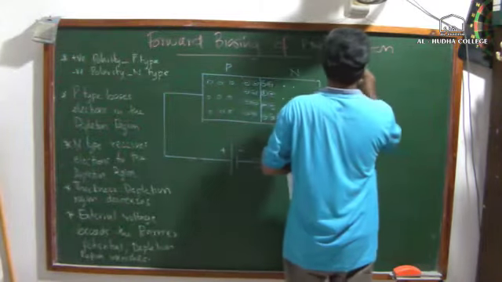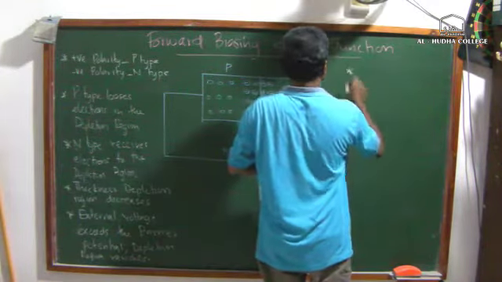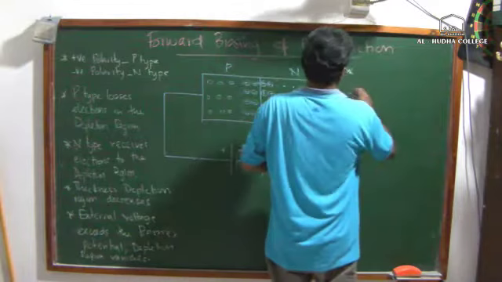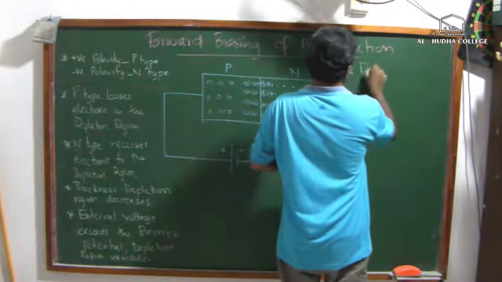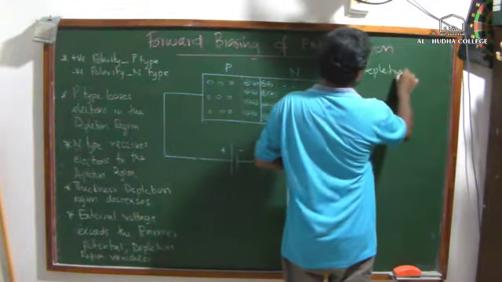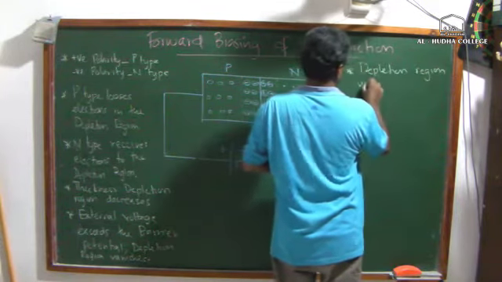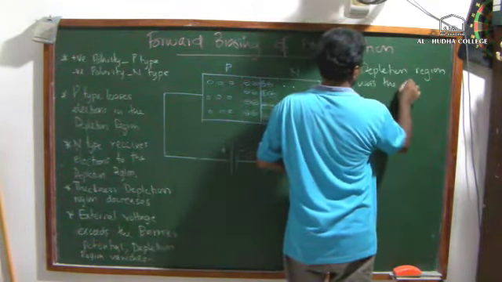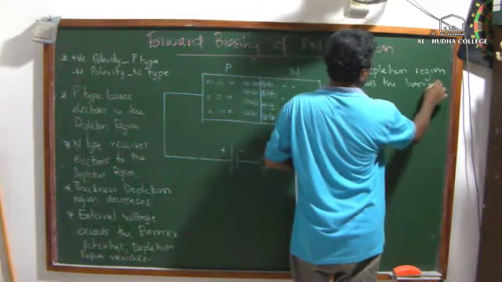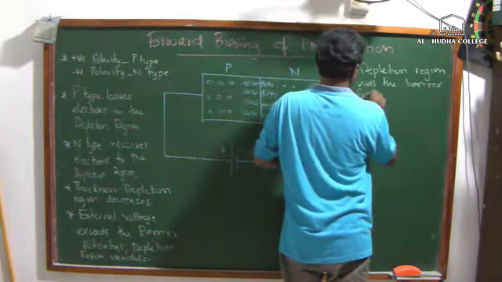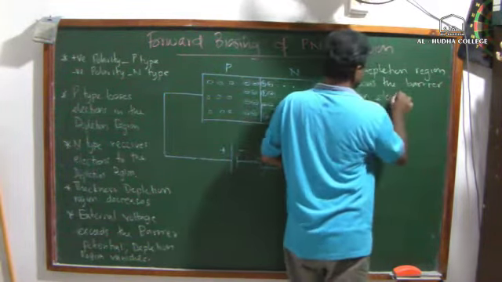So the depletion region was the barrier all this time, the barrier for electric conduction.